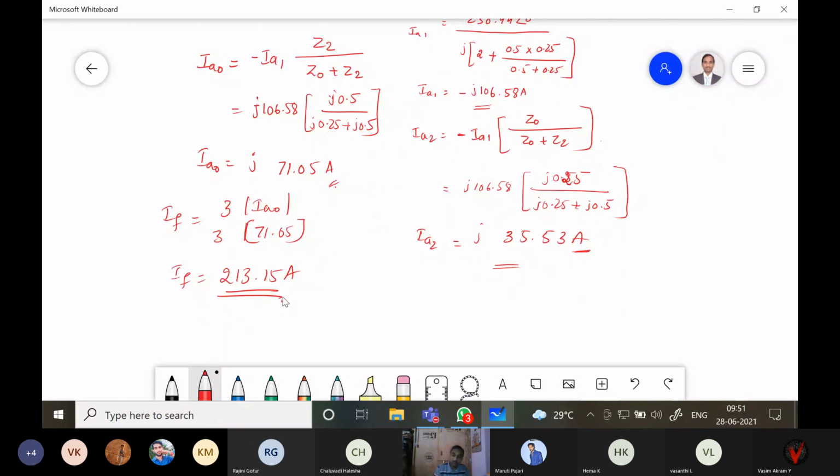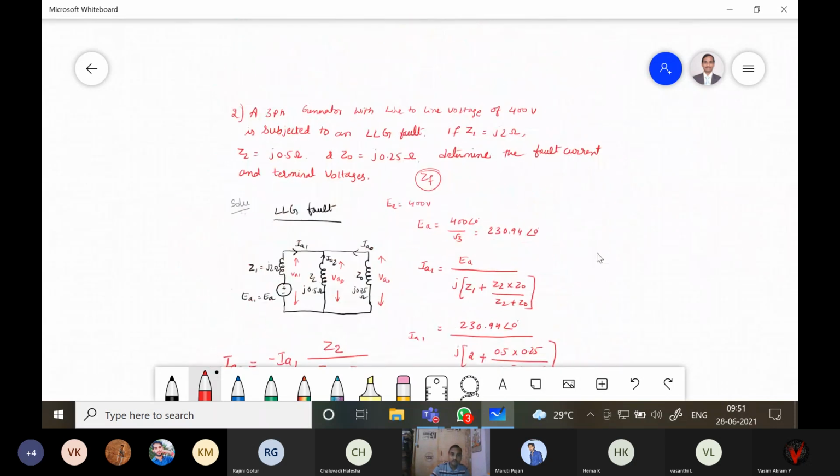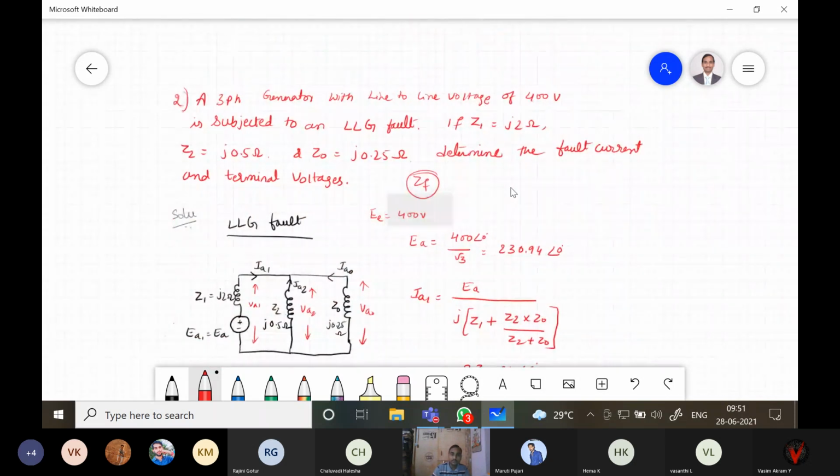Okay. So in the problem we have calculated the fault current, right? What is remaining? Determine the fault current and terminal voltages. So we need to calculate the terminal voltages now. What are the terminal voltages? VA1, VA2 and VA0 we need to calculate.